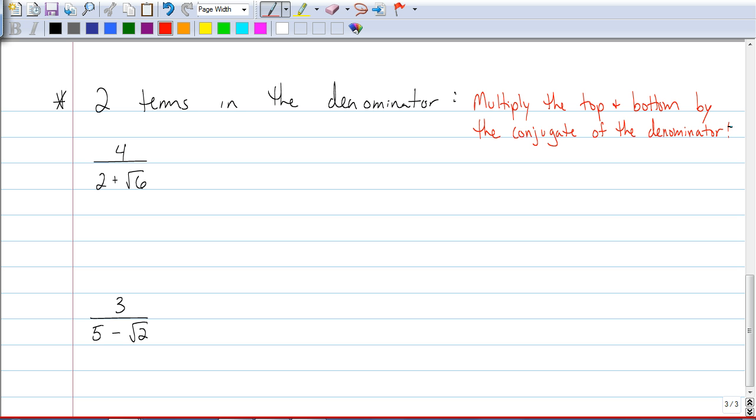So we're going to multiply the top and bottom by the conjugate of the denominator. Now we've talked about conjugates in the past. That was, again, back in chapter 6. Remember, the conjugate is where we take the opposite operation. So instead of 2 plus square root of 6, it's going to be 2 minus the square root of 6. And you multiply the top and bottom, the numerator and the denominator, by that same value.